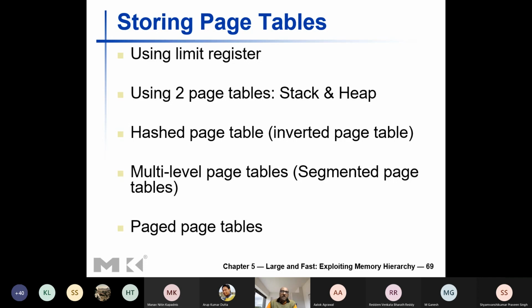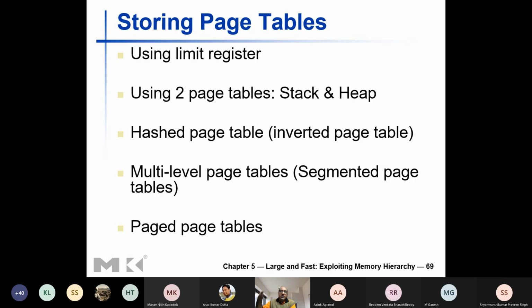Instead of maintaining one page table, we'll keep those 1 million entries in the form of 1,000 page tables, where each page table supports 1,000 entries.